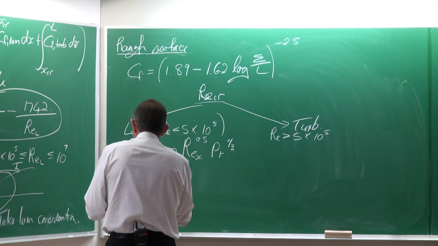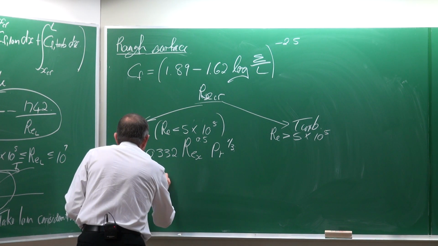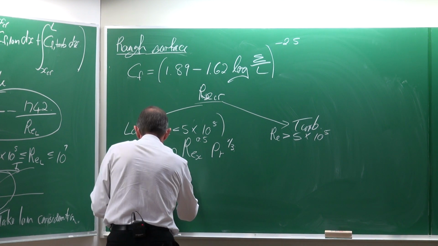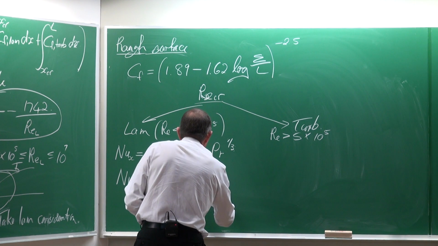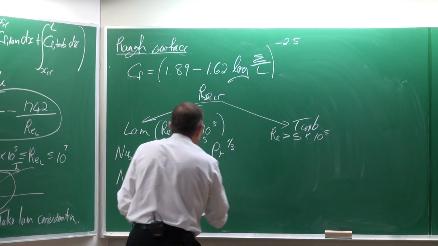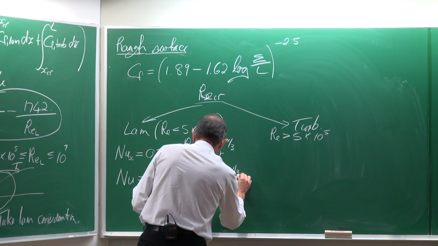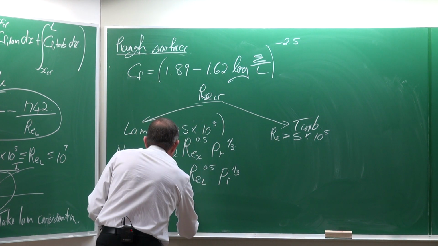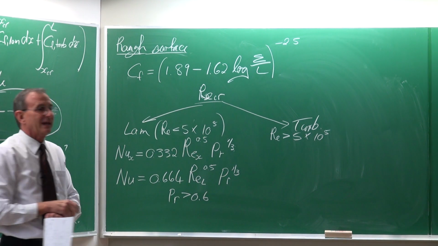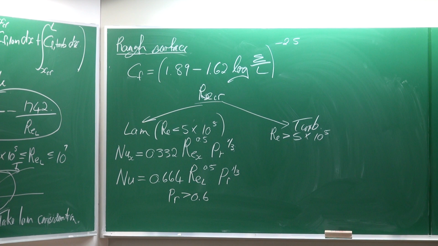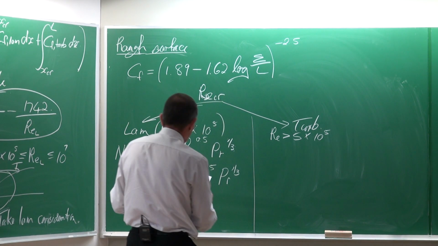Well, fortunately, that has been done for us, and the average Nusselt number can be determined as 0.664 multiplied by the Reynolds number based on the length of the plate to the power of 0.5, Prandtl to the third, and this equation is valid for all Prandtl numbers larger than 0.6. So most gases and most liquids can be taken into consideration with that equation.